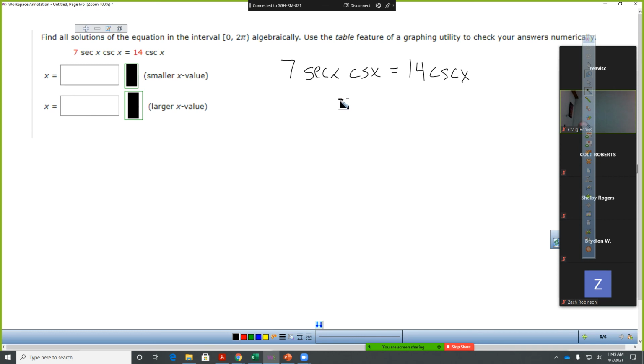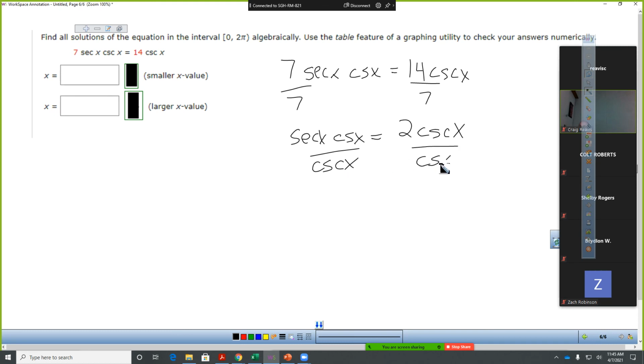But notice this. I could divide both sides by 7, and I would get secant of x cosecant of x equals 2 cosecant of x. Now notice this. If I divide both sides by the cosecant of x, that cancels and that cancels, and I'm left with the secant of x equals 2.